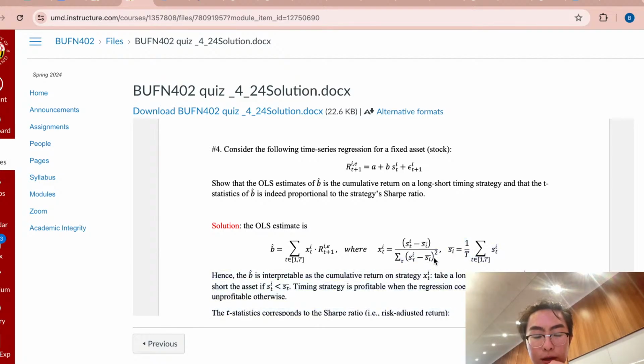So this is iterating through every single signal return.